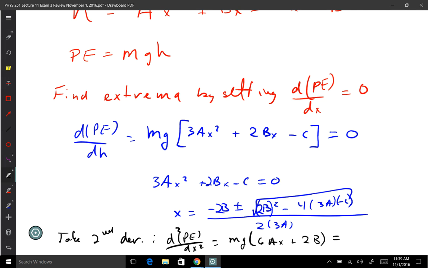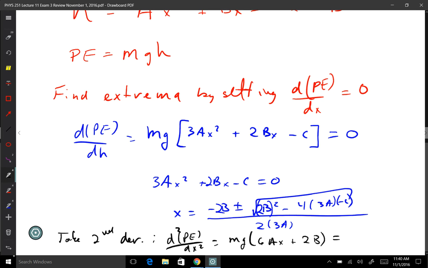Now, obviously one of those values of x is going to have to be a negative and one a positive, or these would both be the same sign. But you put in your values for x, and if the value for x is a positive value, then that means you have the smiley face.